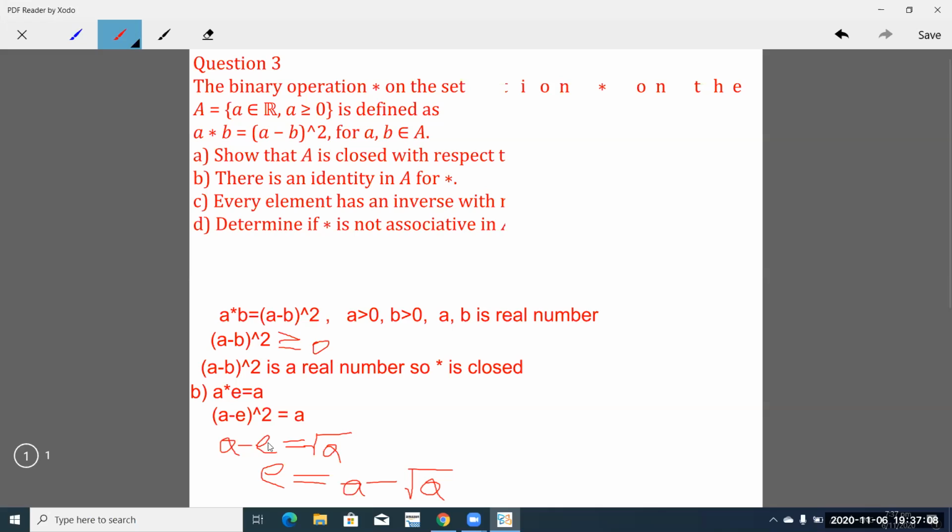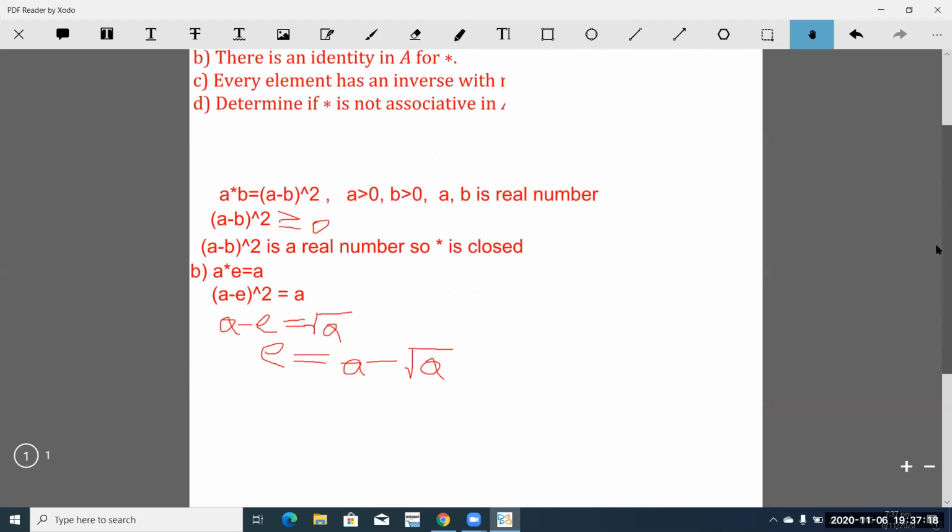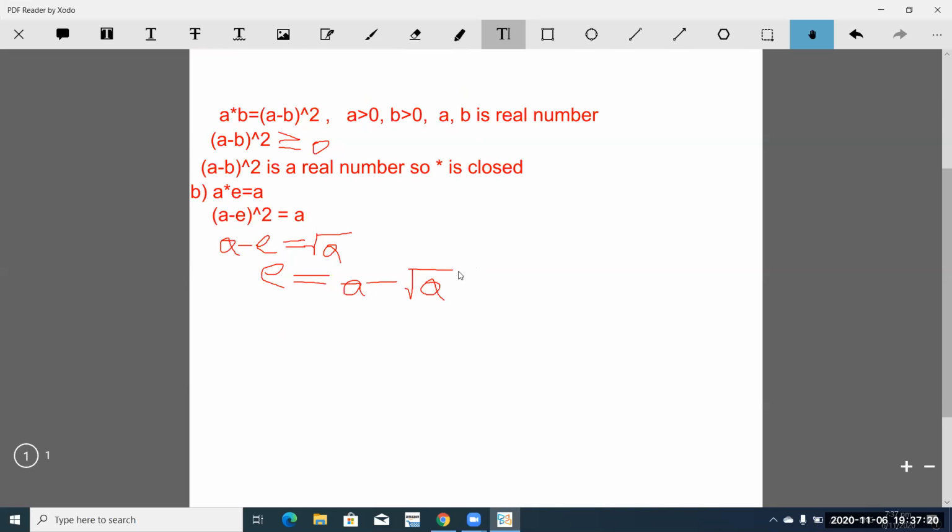Make sense? Yeah. So that would be the identity. All right. So you just tell them hence the identity. So let's write that for them. That is the identity.